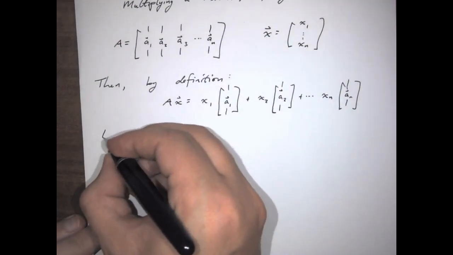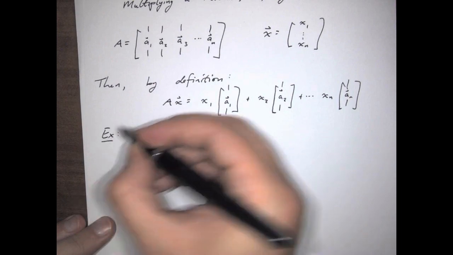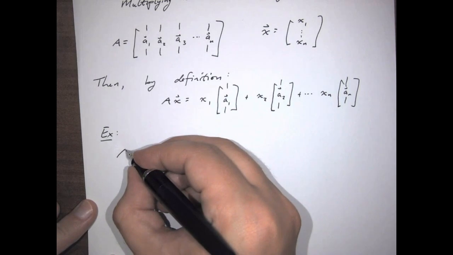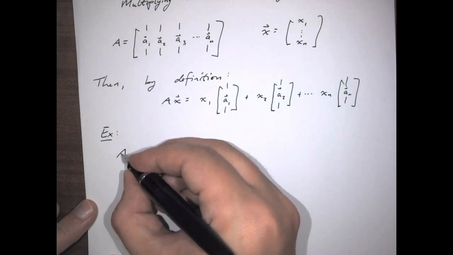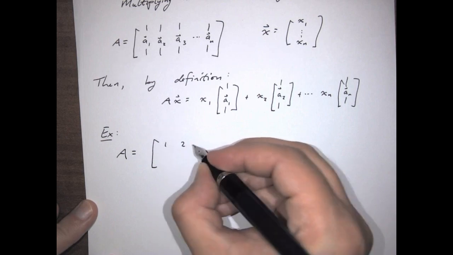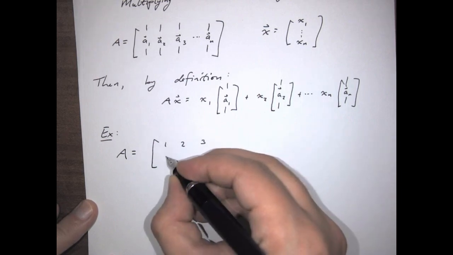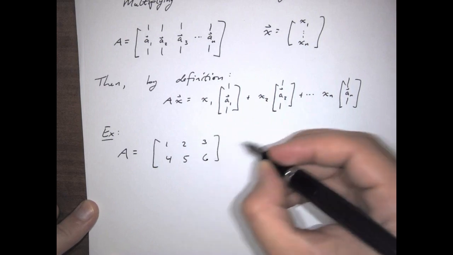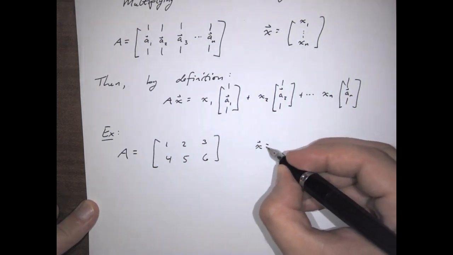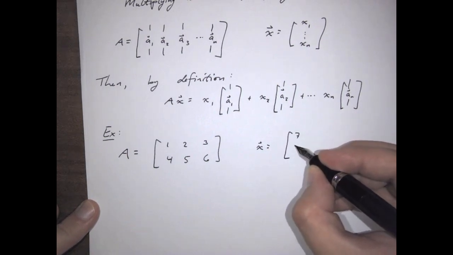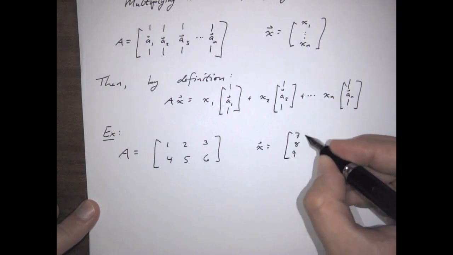So then, for example, let's suppose we had some numbers here. Let's suppose that A is equal to 1, 2, 3, 4, 5, 6. And let's say that X equaled 7, 8, 9.